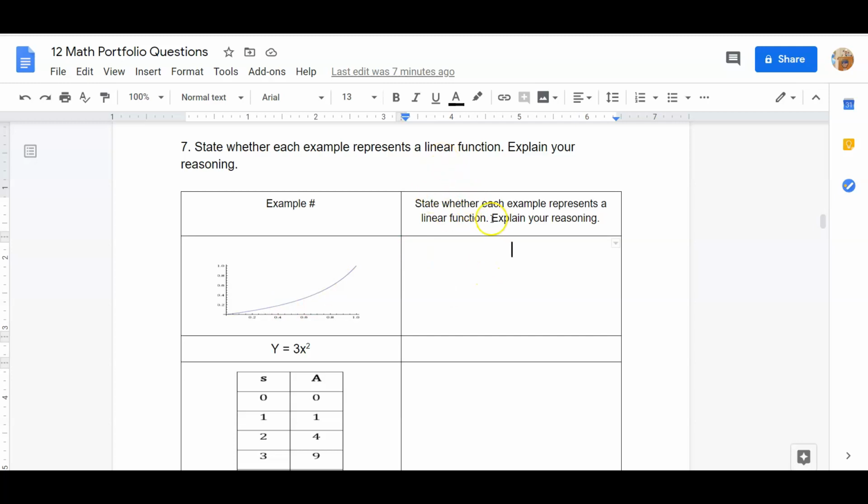All right, so is this a linear function? Well, what does linear mean? When you look at a graph, the word linear means that the line is straight. So when you answer these questions, you're going to answer it like this.